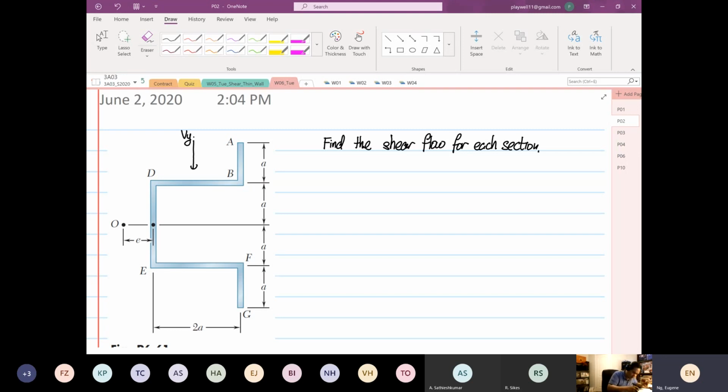The first line that we construct is our V, and that's the only V you get because it passes the centroid. If it passes the centroid, you call it V.